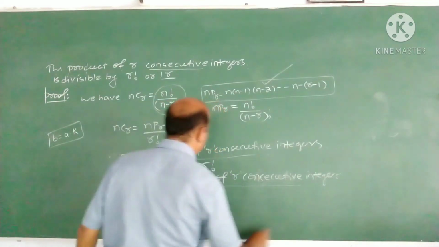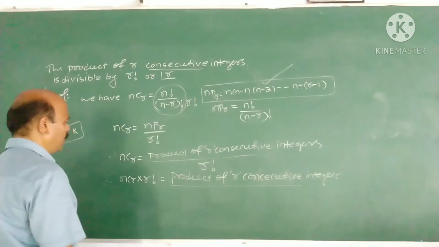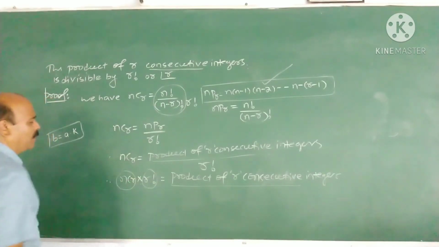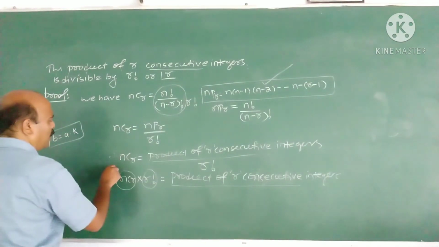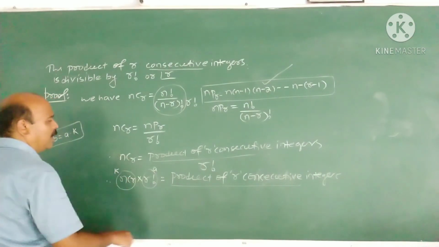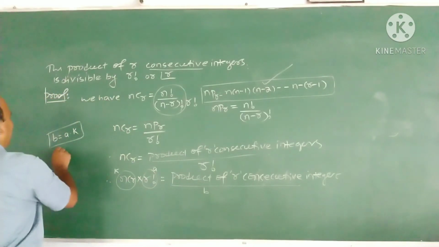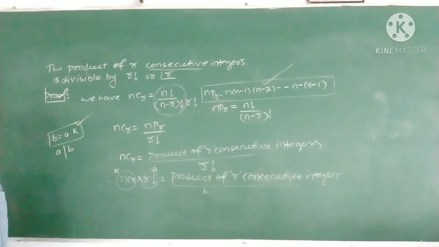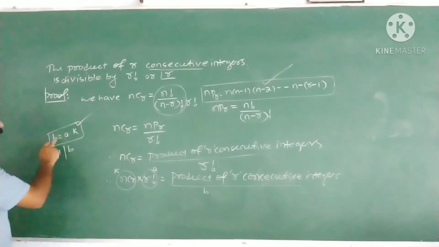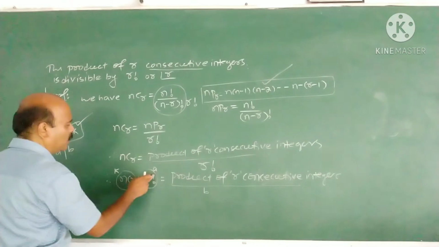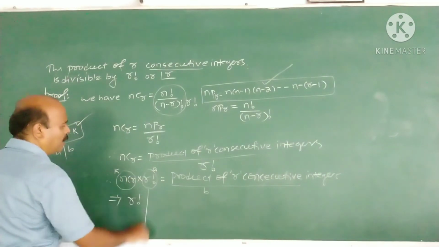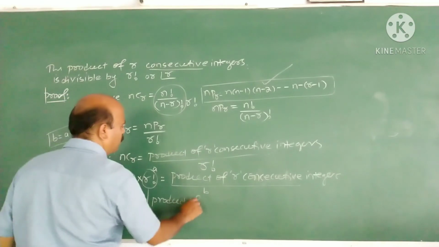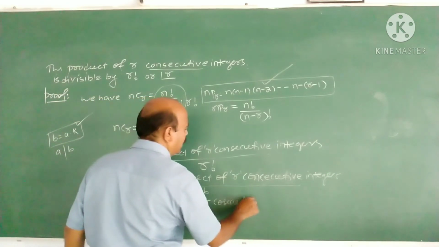Product of r consecutive integers is B, and r factorial into nCr is A K. This is K and this is A and this is B. If B is equal to K into A, you say that A divides B. Definition of divisibility: A divides B if B is equal to K into A. Now compare this with B is equal to K into A. What does this imply? r factorial divides the product of r consecutive integers.